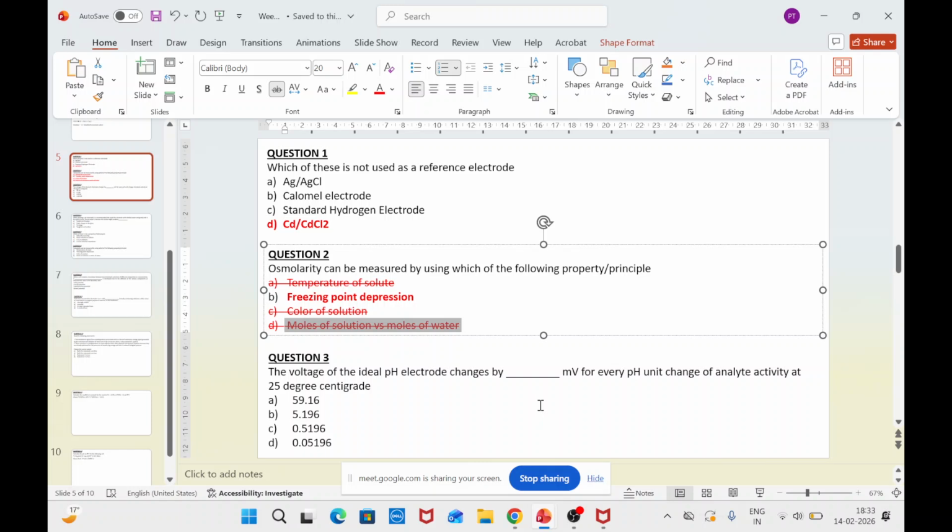And moreover, how do you actually measure the moles of the solute particles within the system? That is another difficulty, right? So by knowing the freezing point depression, you can easily say that this much amount of the solute is within the system. I hope there is a bit more clarity on this freezing point depression.